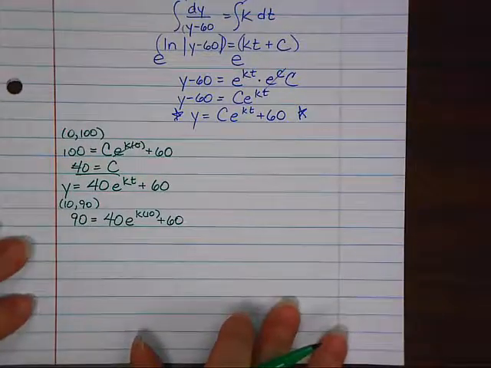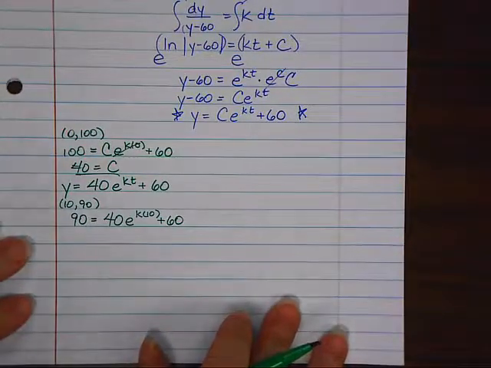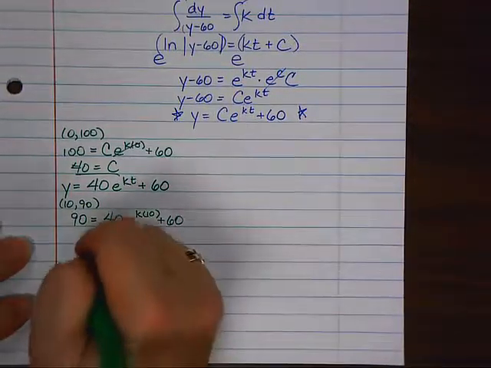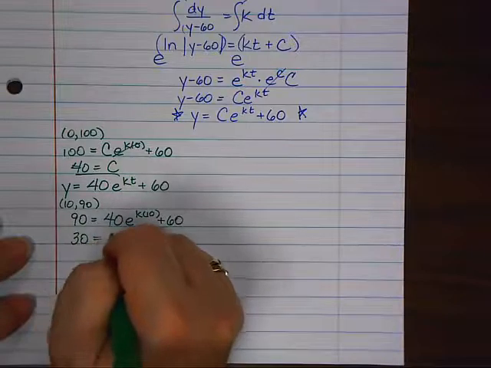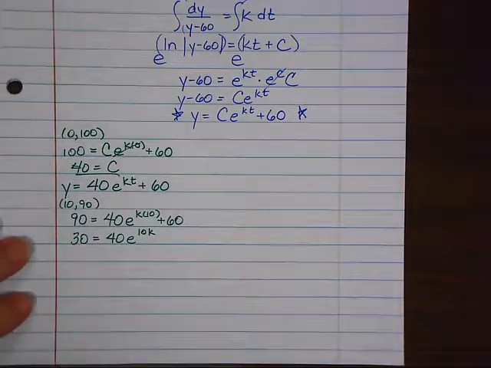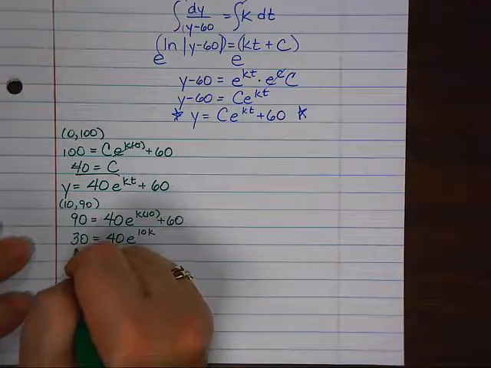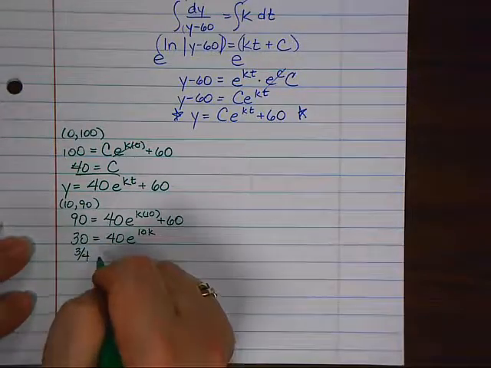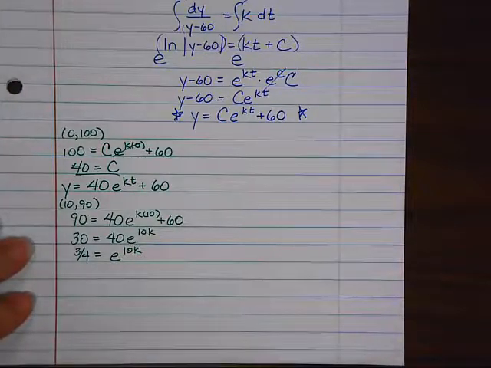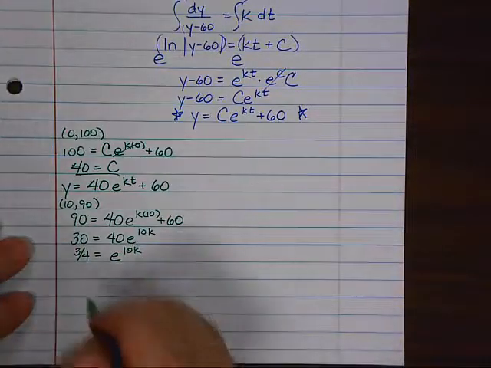Okay, this is pre-calc, just solving equations. What do we do first? Move the 60 over. Just do it in your head. 30 equals 40e^(10k). Agreed? Now what? Divide by 40. 30 divided by 40 is 3/4, equals e to the 10k. ln both sides.